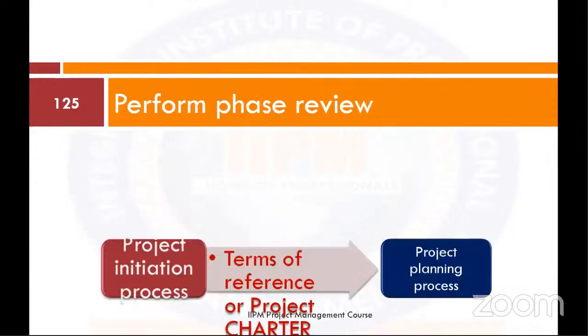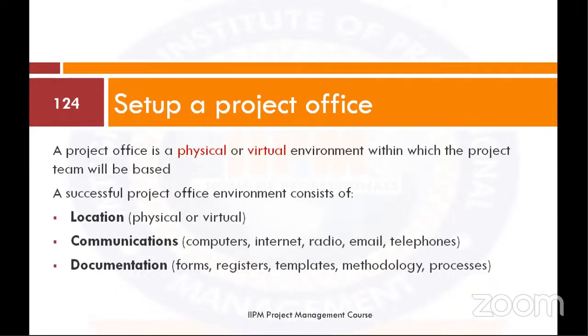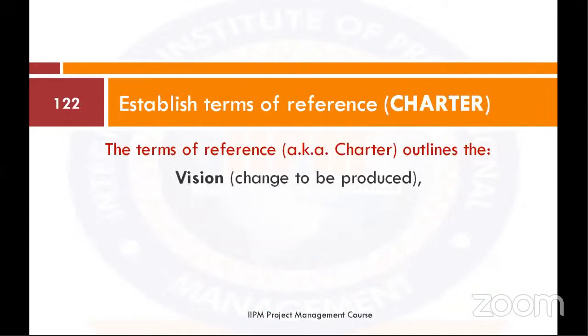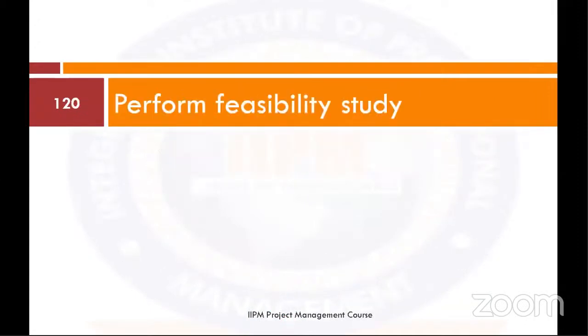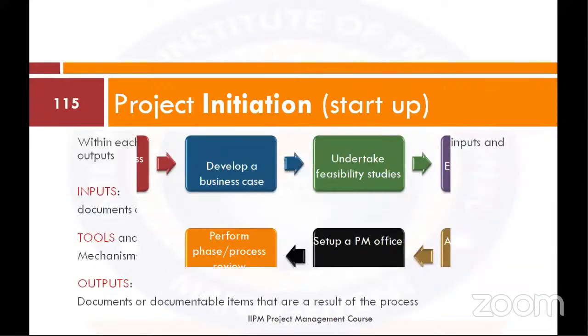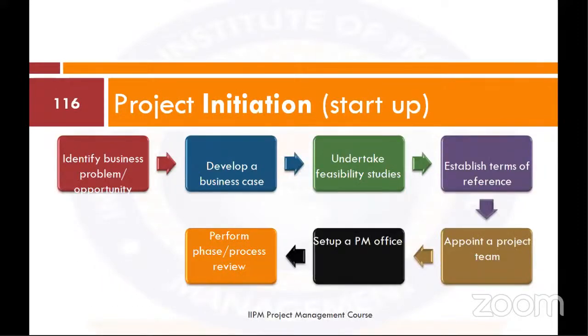Now, after you might have done your project initiation processes, these are your project initiation processes. After you might have conducted all of this, you perform a phase or process review.